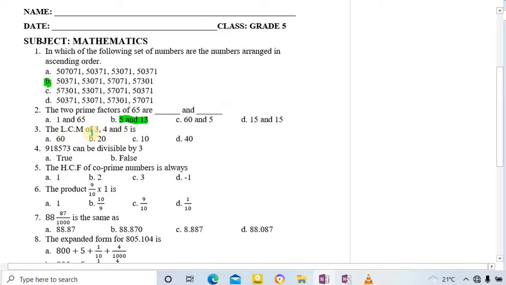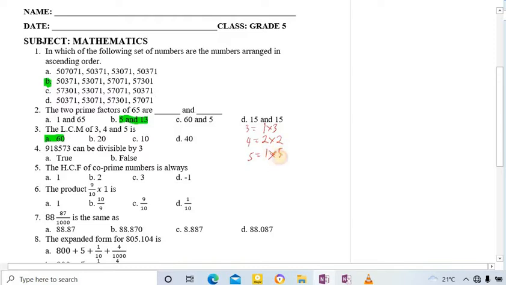Now the LCM of 3, 4 and then 5 is 60. Because as a prime factorization, 3 is equal to 1 times 3, 4 is equal to 2 times 2, and then 5 is equal to 1 times 5.